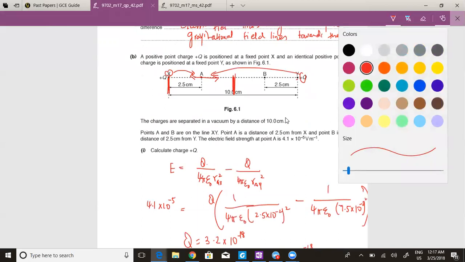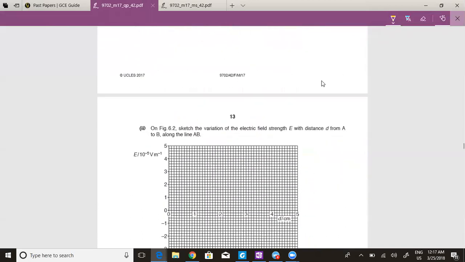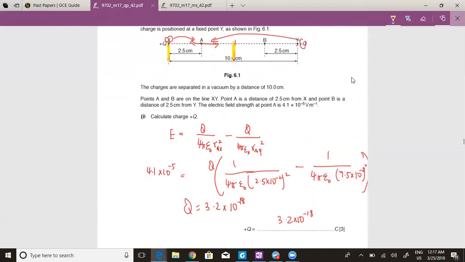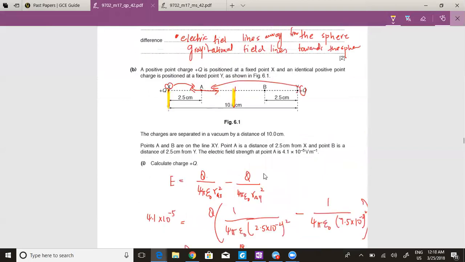Let me show the question. We have to sketch the variation of the electric field strength E with the distance D from A to B along the line AB. It's given as 0 to 5 centimeters, but that's the distance, and this D is 10 centimeters.